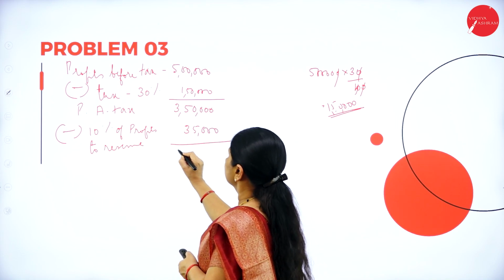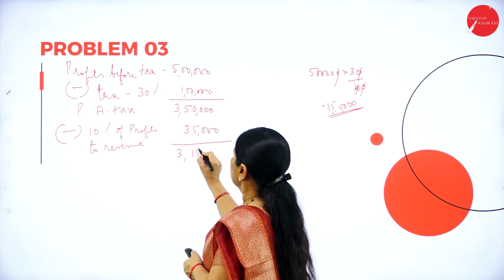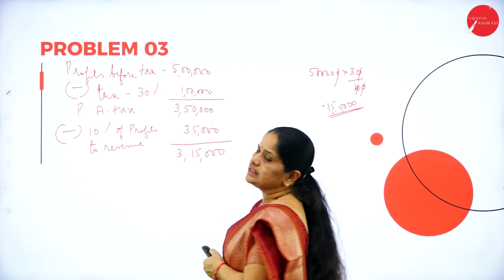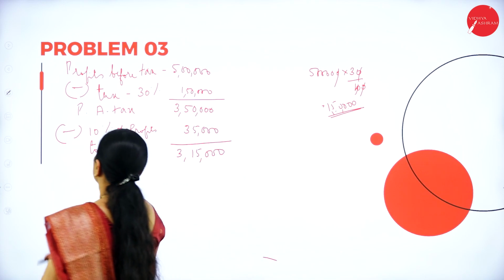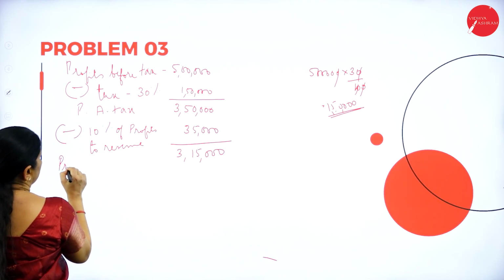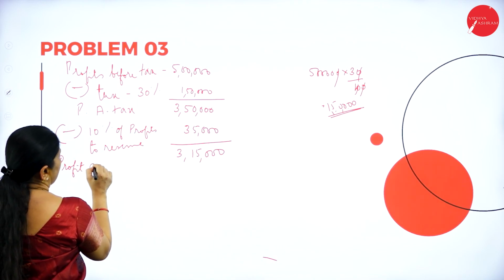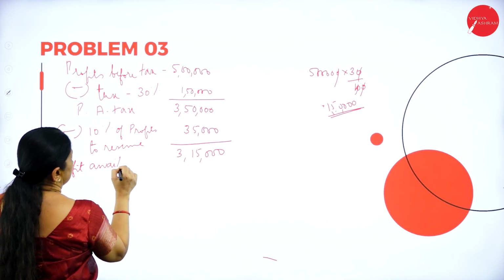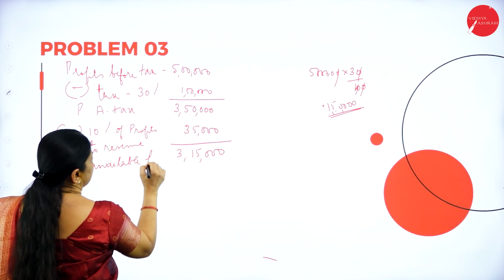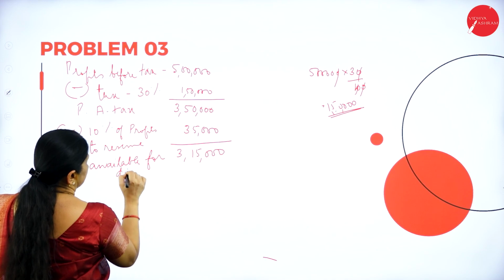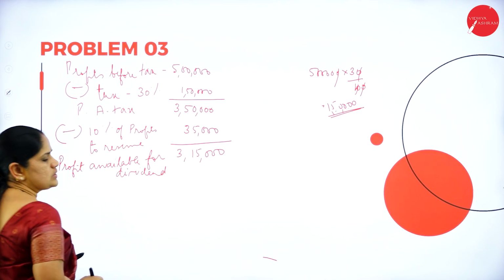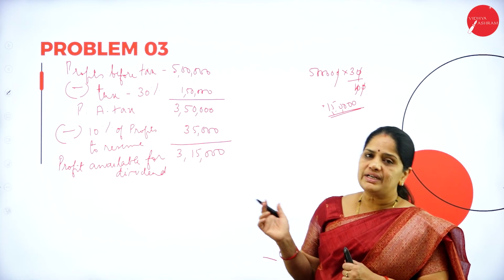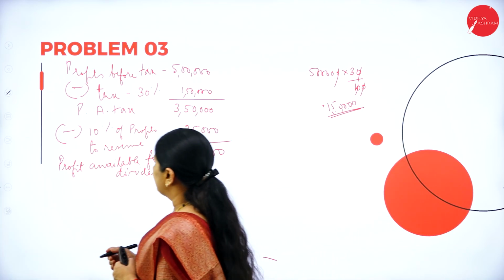So, this comes up to 3,15,000. So, this is profit available for dividend. For dividend is 3,15,000.